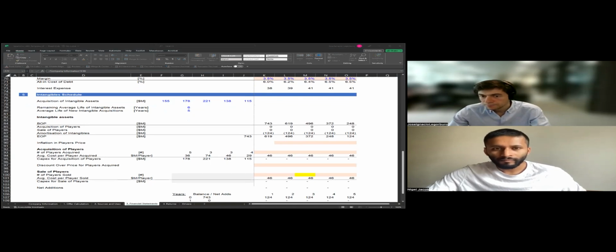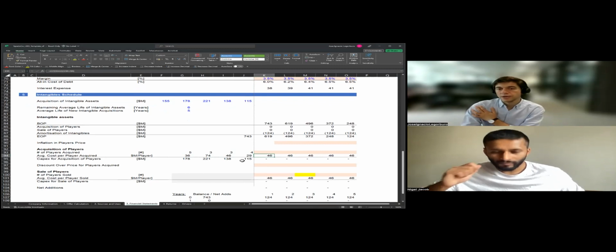Exactly. So the way we've done it is, first of all, let's try to think about what is the historic price that they've paid for intangible assets, right? And we've assumed how many players they've acquired. To be honest, I didn't go into much detail, but that means that on average they've been paying 35, 74, 46, 30 million per player.